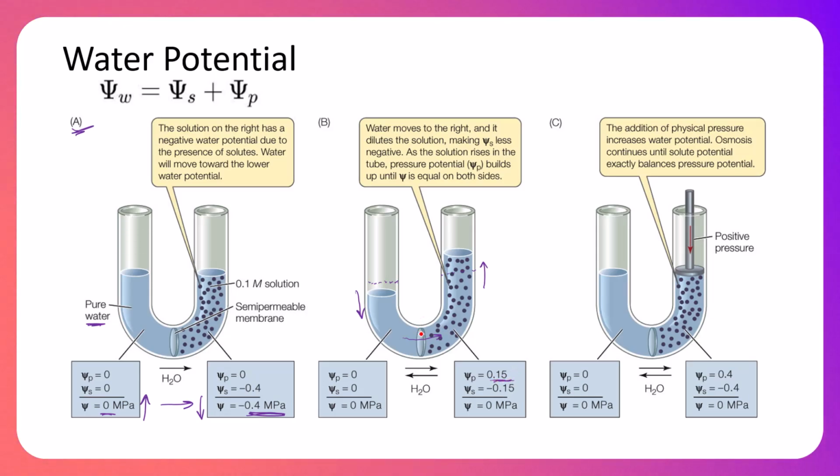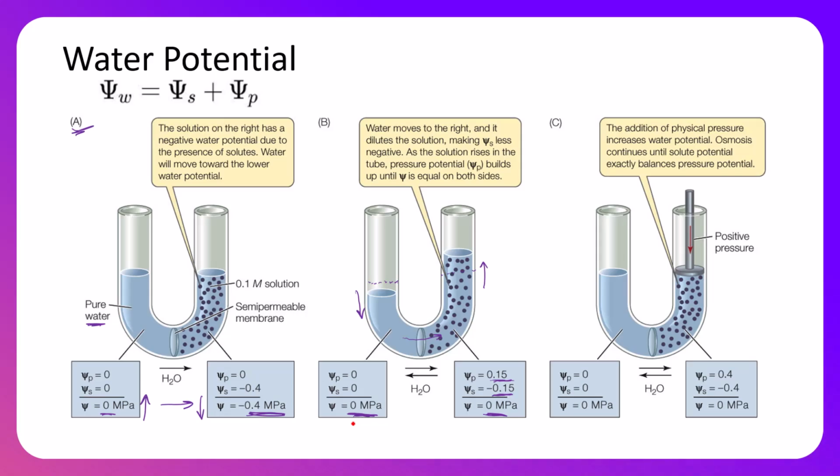It's also going to start diluting this solute concentration, making it less concentrated, and it's going to increase the potential energy of the solute, or the solute potential. And when we add pressure, it's going to cancel out the negative solute potential, because pressure is positive, and it will eventually drop to 0, which is where our water potential energy is on our left.